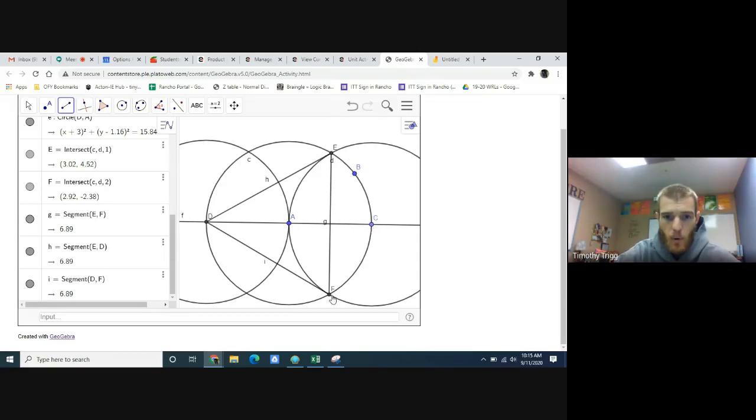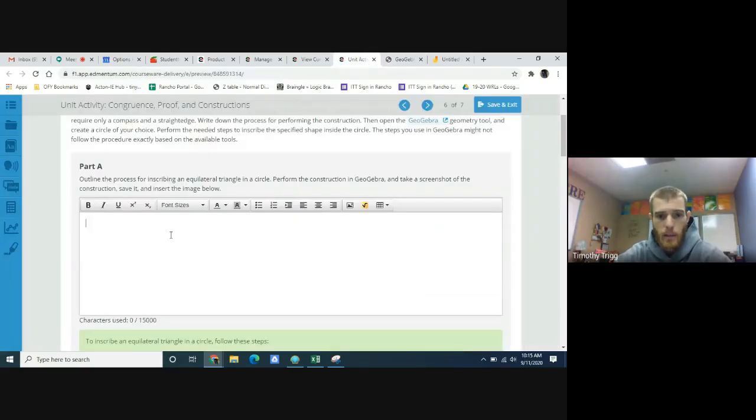Then we connected the points where those circles cross each other, where this circle and the main circle cross each other, and then the other point on the diameter to create an equilateral triangle. I'm not too concerned about the explanation. As long as you give it an honest effort, I'll be happy with that. So take a screenshot, put it right here, give me the explanation. That's about it. Okay, cool.